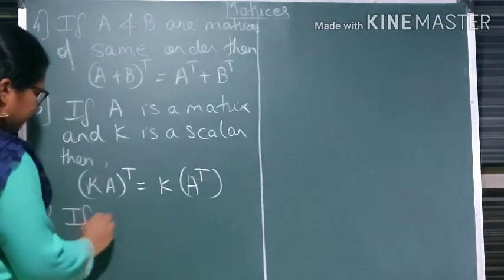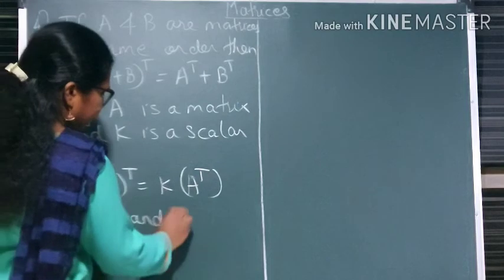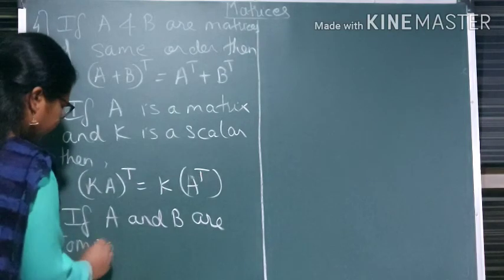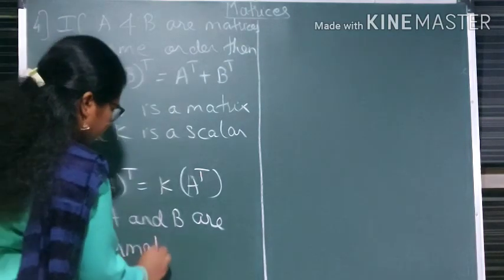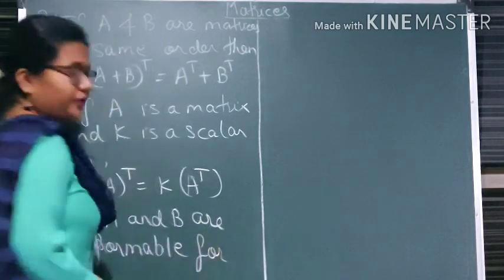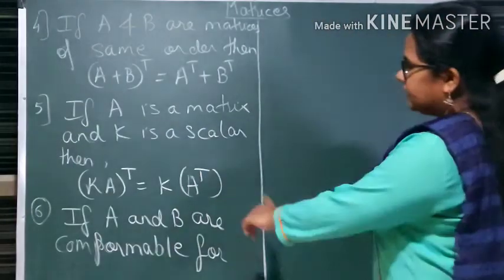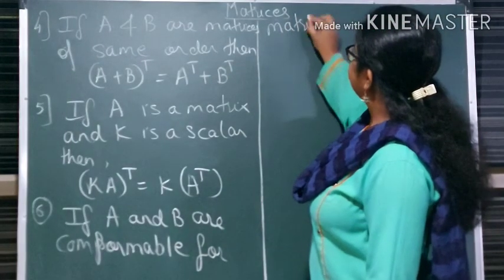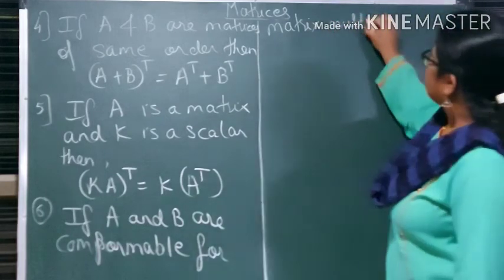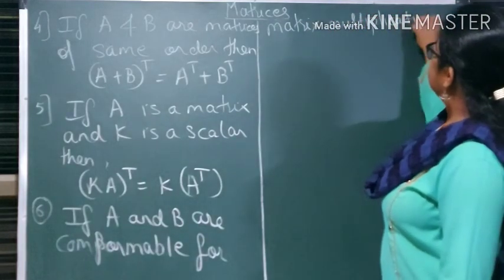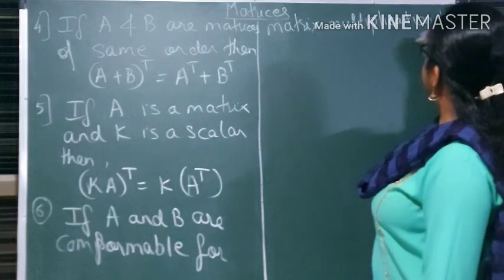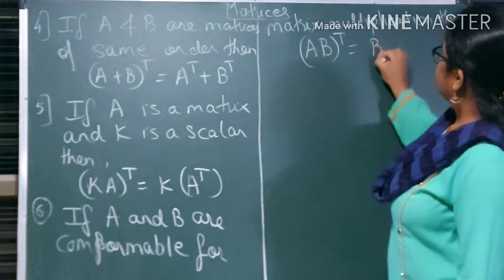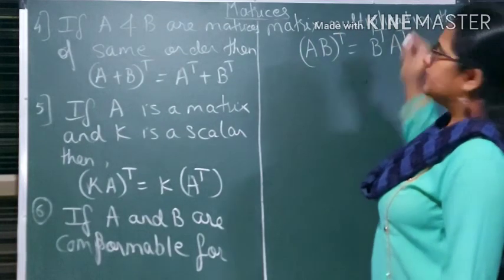Now, next property. If A and B are conformable for matrix multiplication, that is, we can multiply, the condition is satisfied, then A into B transpose is equal to B transpose into A transpose.